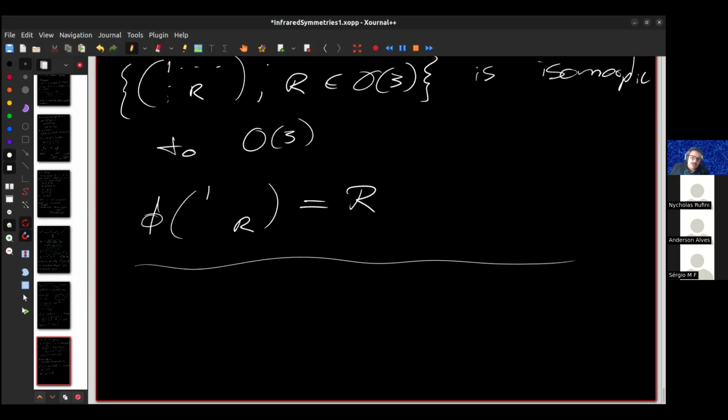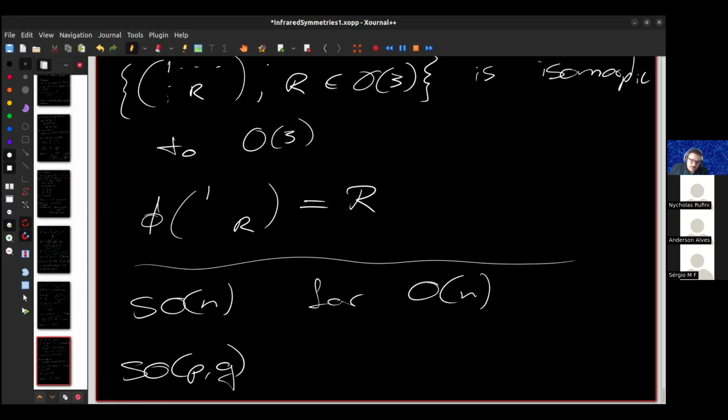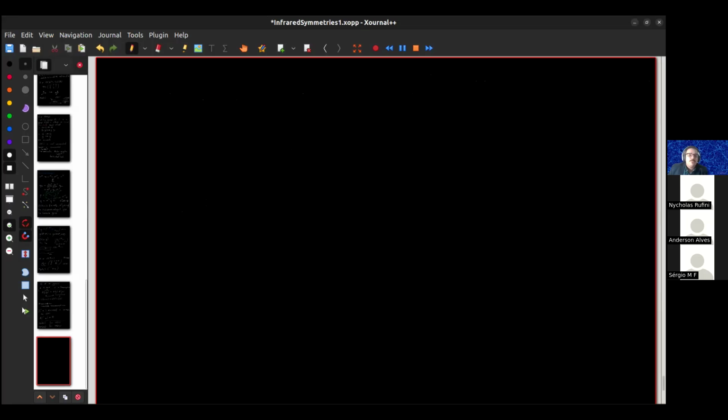We defined earlier the group SO(n) for O(n), and now we can discuss also the groups SO(p,q) for O(p,q). I'm going to focus on the particular case of the Lorentz group, which is the one that interests us the most.